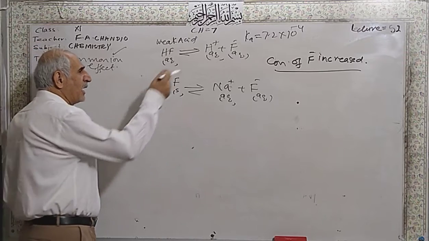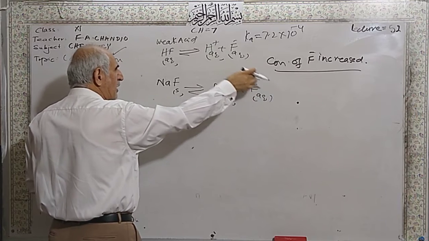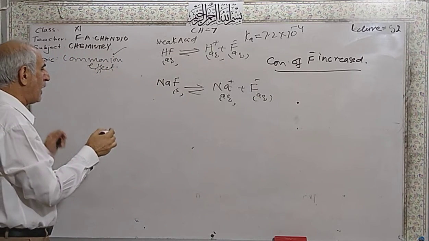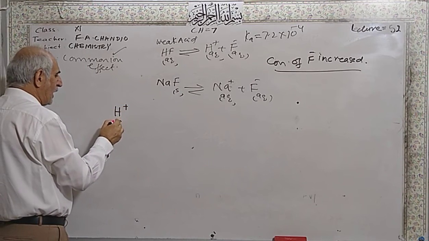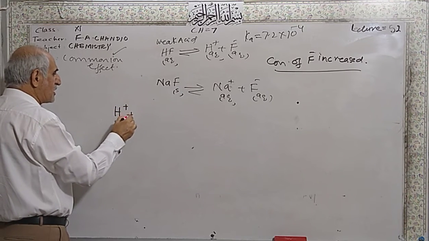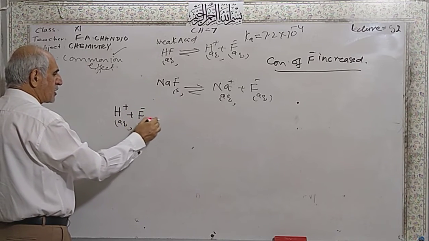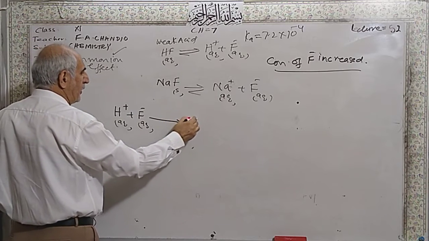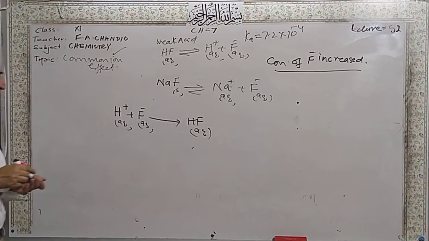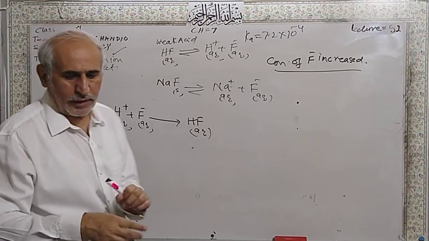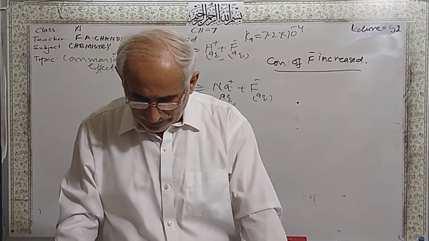So if you mix these two solutions, fluoride is a common ion, the solubility of the weak electrolyte decreases and the reaction will be reversed. It suppresses the solubility of hydrogen fluoride. So this is the effect of the common ion.